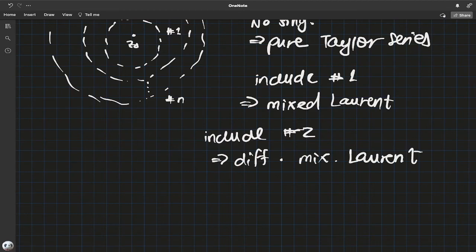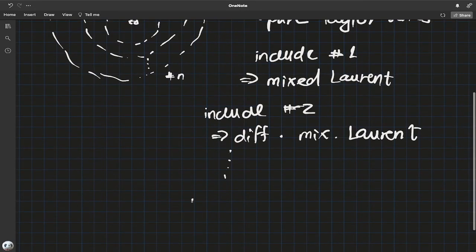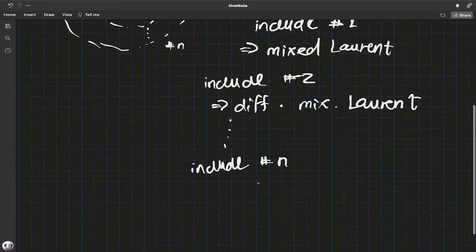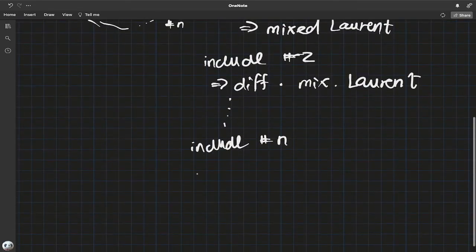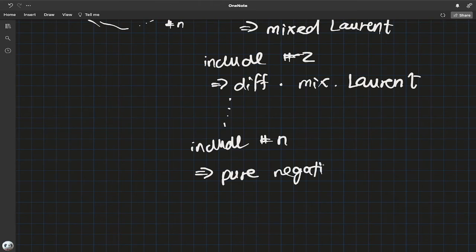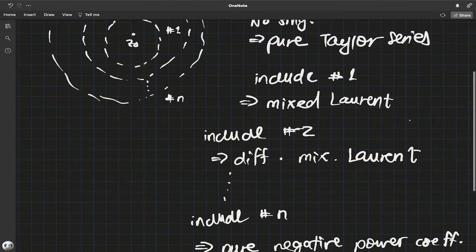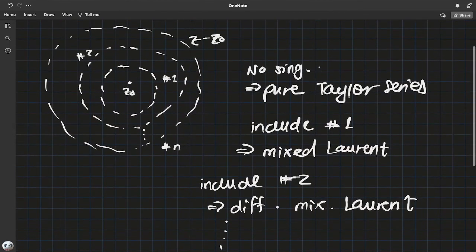And then at the final case, the nth one, when we include all of them, that's when we are getting pure negative power coefficients. Because that's the end, and we aren't bounding ourselves, we'll just get those negative ones, like an antithesis to the pure Taylor series for no singularity.